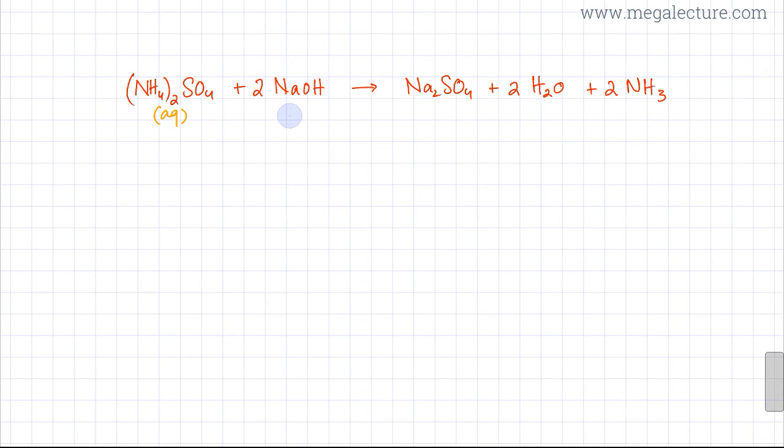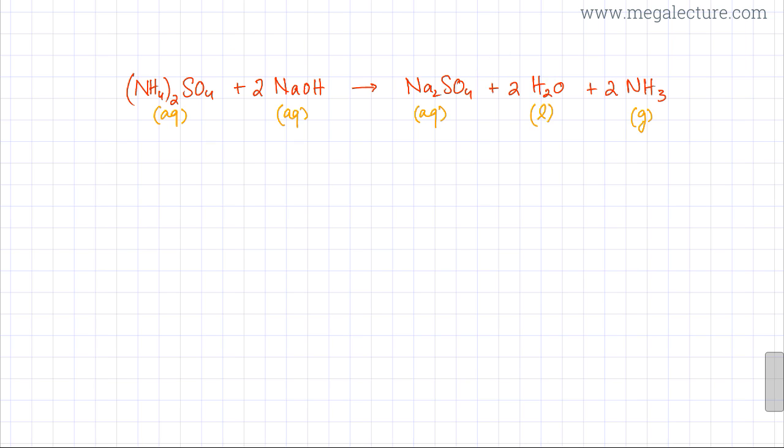Similarly, the second compound, NaOH, is also soluble because Na is in group 1, and all group 1 compounds are going to be soluble. This compound over here is also a group 1 compound. Na is in group 1, so this is also soluble. And you're left with water and ammonia. Water is in liquid state and ammonia is a gas. So only these 3 compounds are in aqueous state.